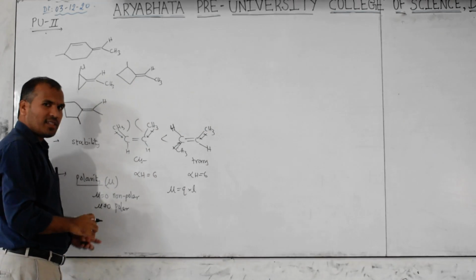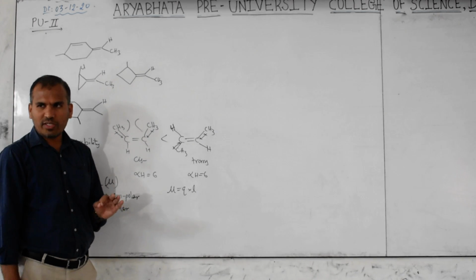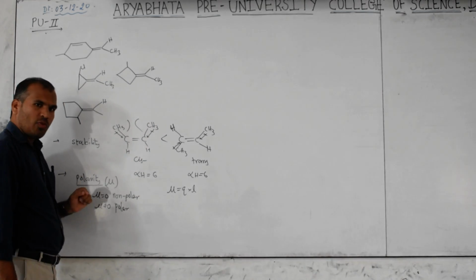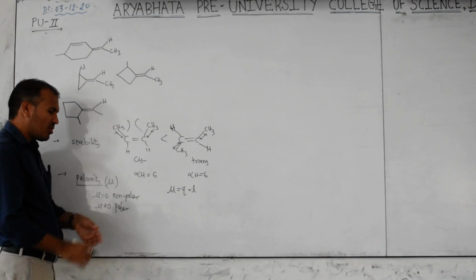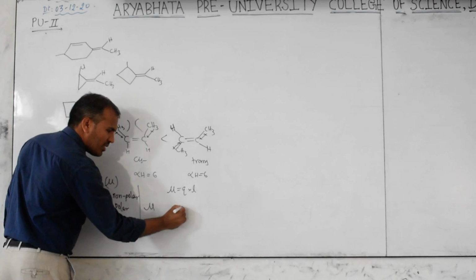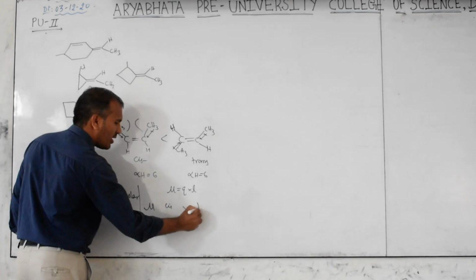Then is there mutual cancellation or not? Then which has the more dipole moment and which has the less? Cis has more, because the resultant vector is in one direction. Therefore, I am writing here: mu of cis form is greater than trans form. Cis is greater than trans.